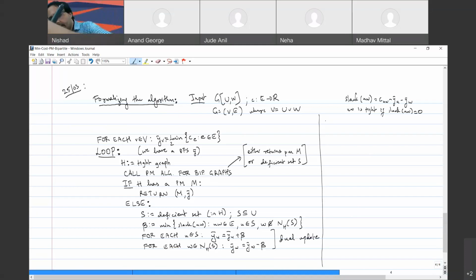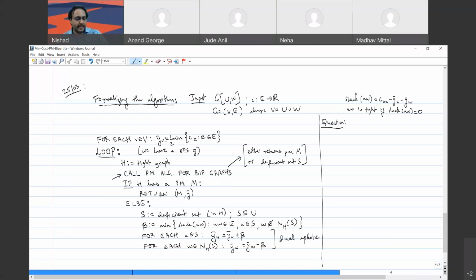So let's consider the following question. One of the things we are doing inside this loop, notice that the most expensive thing we are doing inside this loop is calling the perfect matching algorithm for bipartite graphs, whose complexity we have not discussed yet.